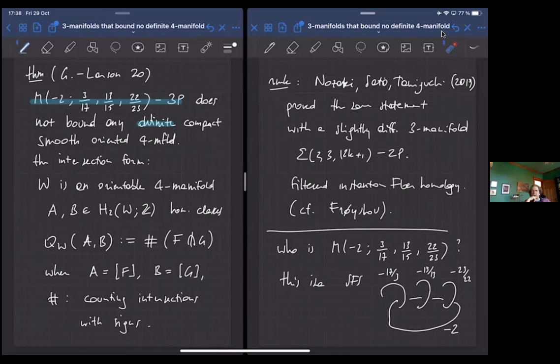And going in the other direction, finding a prime example? That you can always do, because there's a theorem of Livingston that tells you that every three manifold is rationally homology cobordant, or even integrally homology cobordant, to an irreducible one.